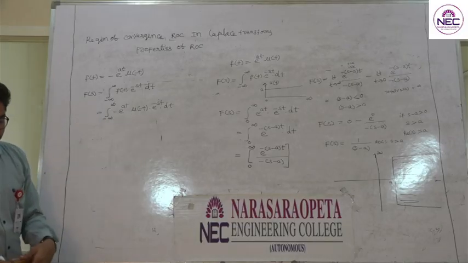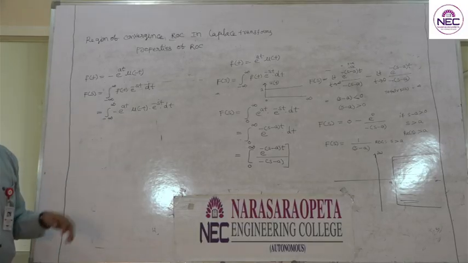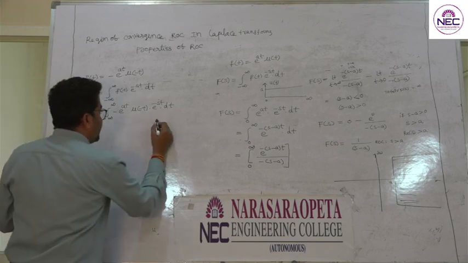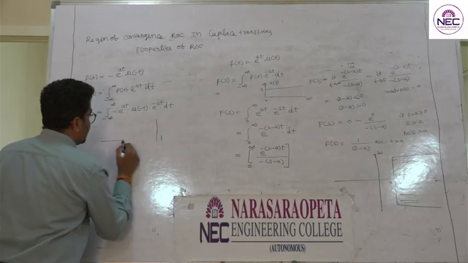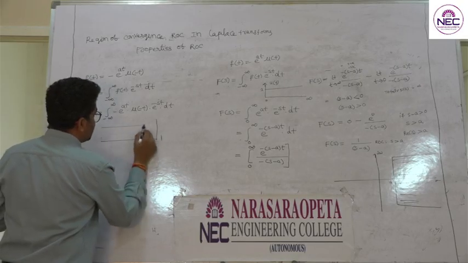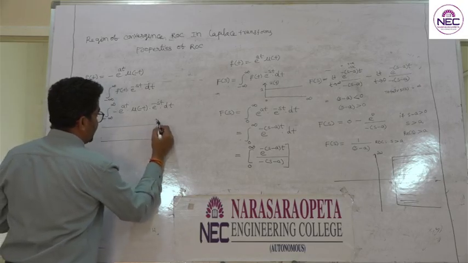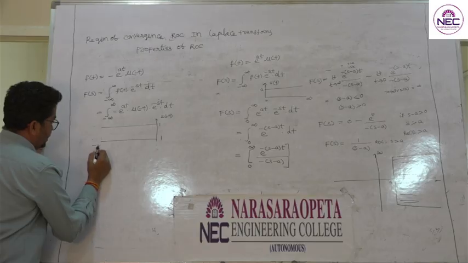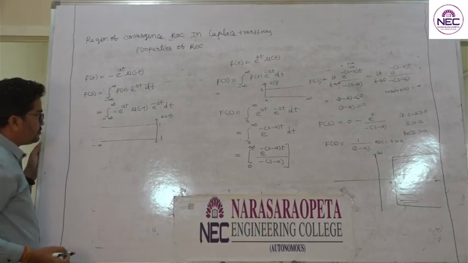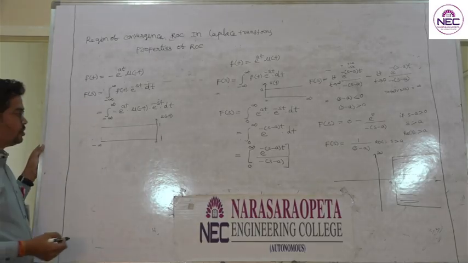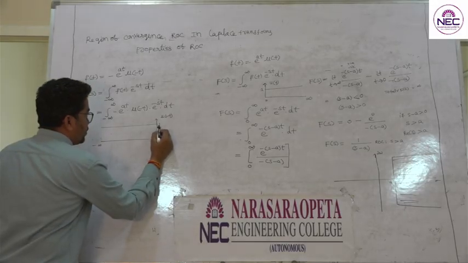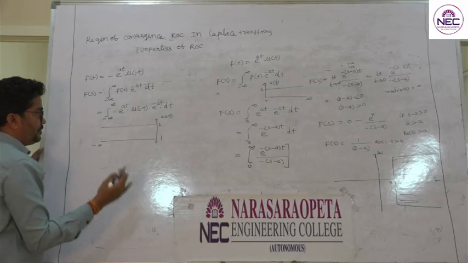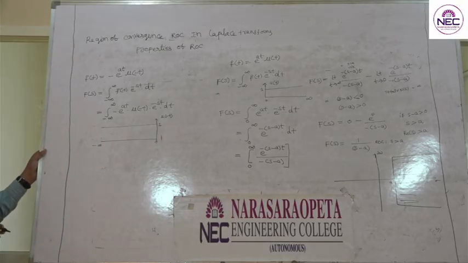Here u of minus t is the time reversal of u of t, so consider the limits of existence of the signal u of minus t. It is minus infinity to 0 with magnitude always 1, and from 0 to infinity there is no signal, the magnitude is simply 0.